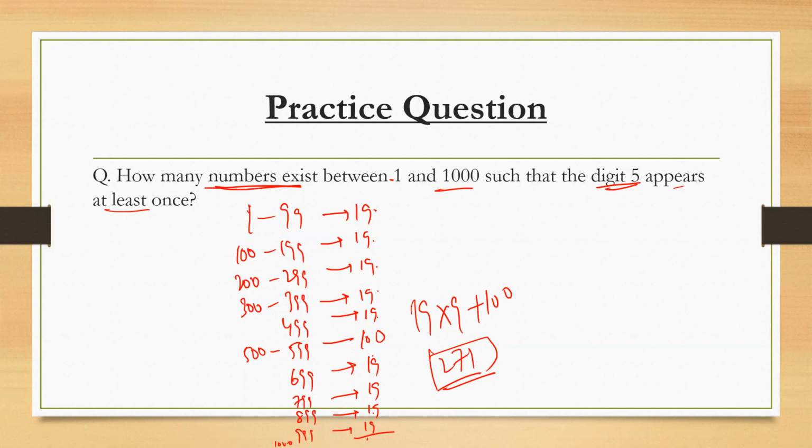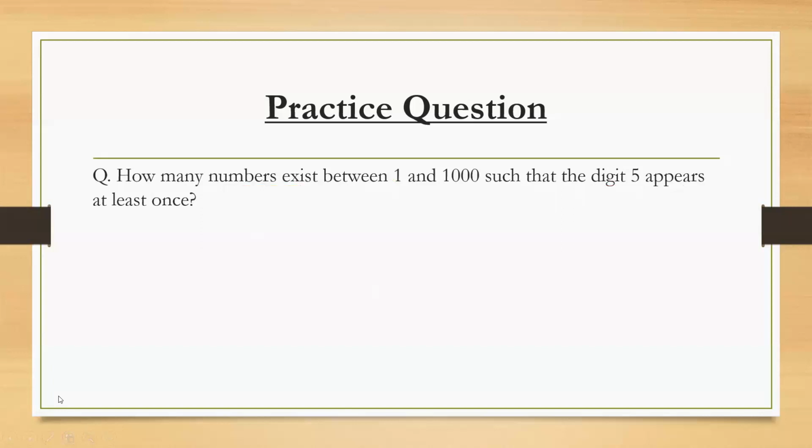Okay. Chalo. If this is clear to you, if I change the question a bit, okay, now this is for you to think and answer, okay. अभी देखो यहाँ पे मैंने क्या दिया है, how many numbers exist between 1 and 1000 such that the digit 5 appears at least once. Okay.